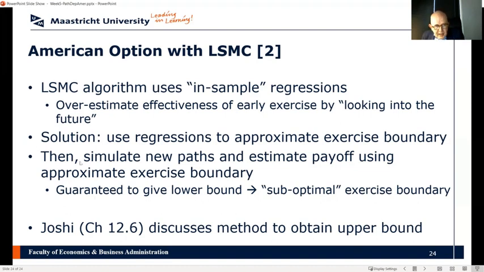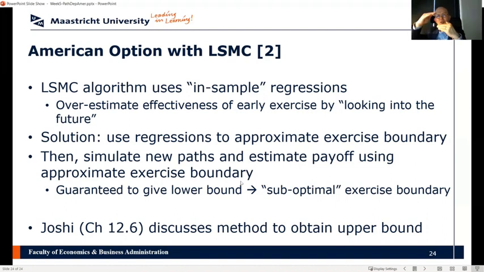And then this two-step solution is guaranteed to give you a lower bound, because you've used these regressions. You are always getting a suboptimal exercise boundary, so you are guaranteed to underestimate the true value of the American option, and typically you are very close.